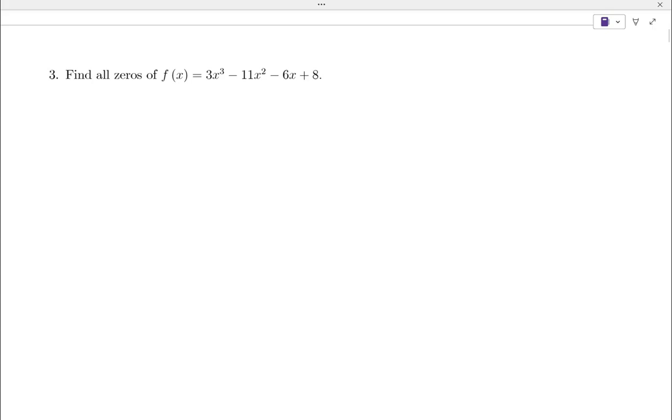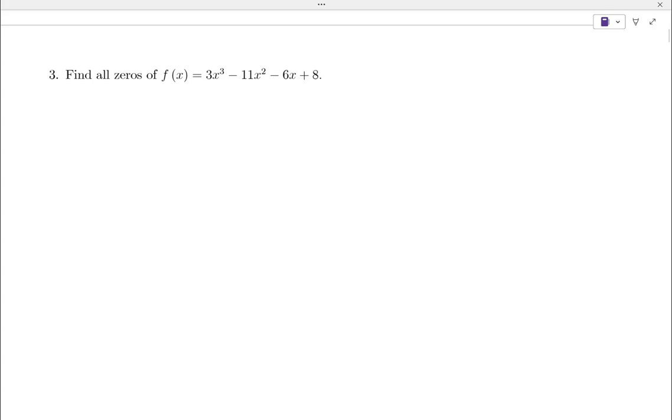What formula do you know that you can use to find those zeros for any quadratic? Quadratic formula, yeah, exactly, right? We can always use the quadratic formula, right? So our goal will be to knock down our degree until we get to a quadratic, and then use the quadratic formula or factor, one of the two. Okay, that's our goal.